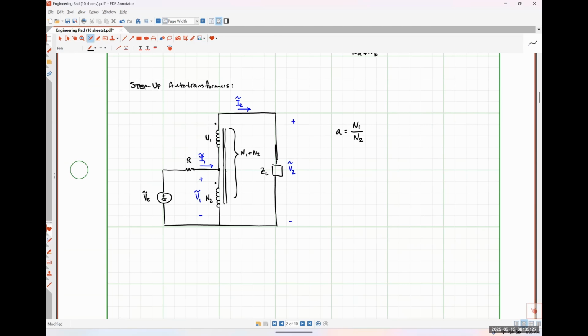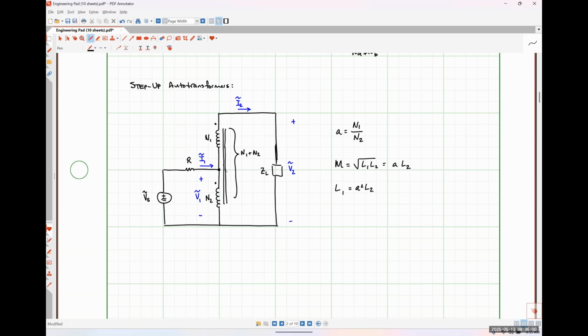Our mutual inductance between our coils is the square root of L1 times L2, which can also be expressed as A times L2. And our inductance L1 could be written as A squared times L2. The derivation for where those definitions for M and L1 came from was back when we were looking at an ideal transformer.